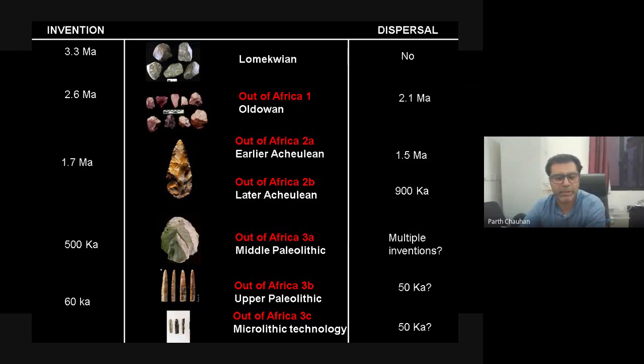But then after Middle Paleolithic or late Acheulean onwards, there seem to be multiple regional origins, not just one single origin. And then we have timings of invention on the left and timings of dispersal from Africa on the right. But still a lot of evidence is not clearly known, especially Asia, India, for example. More research has been done in Africa and Europe.